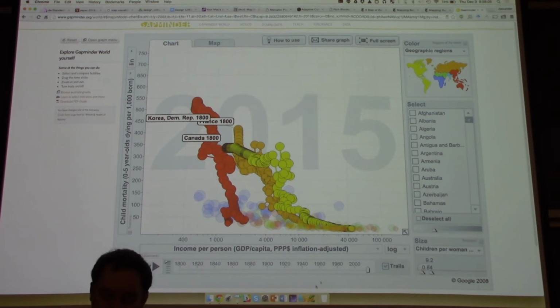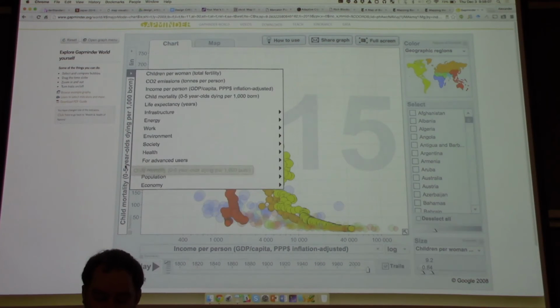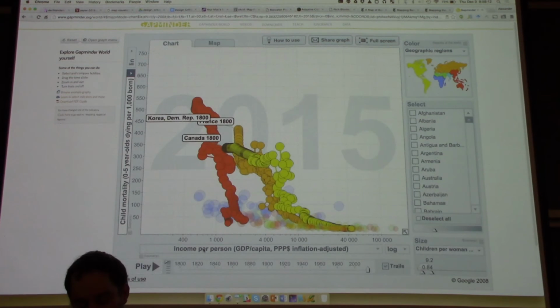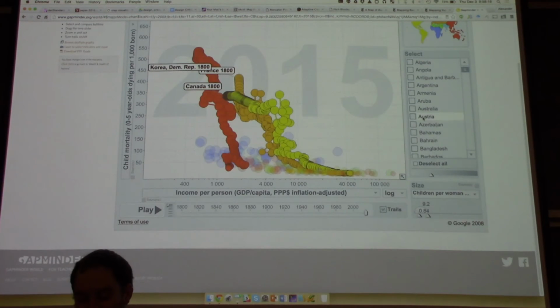So you can pick each indicator here from this long list, and you can pick the same for the x-axis, and the same for the size. And you can also select countries here individually, and so on.